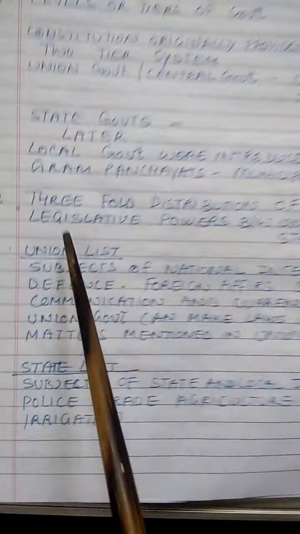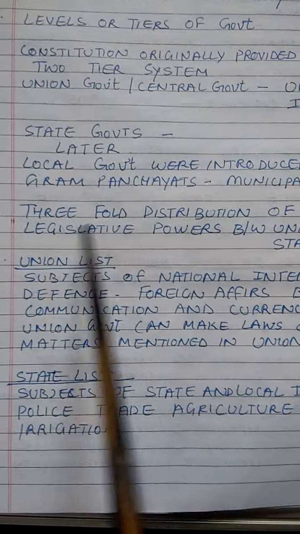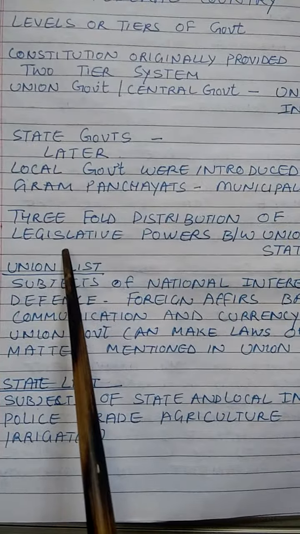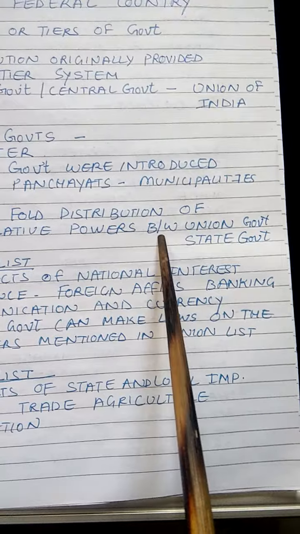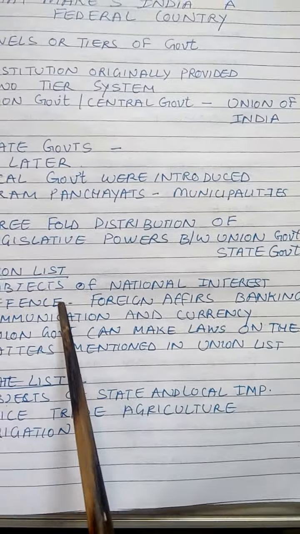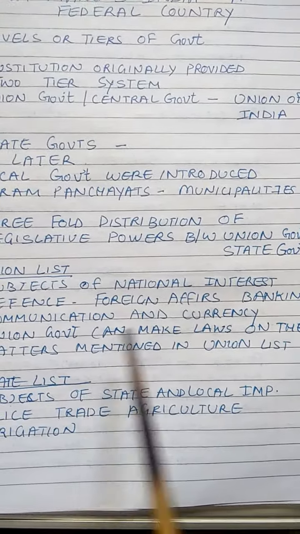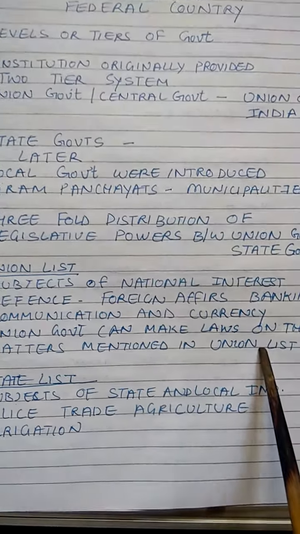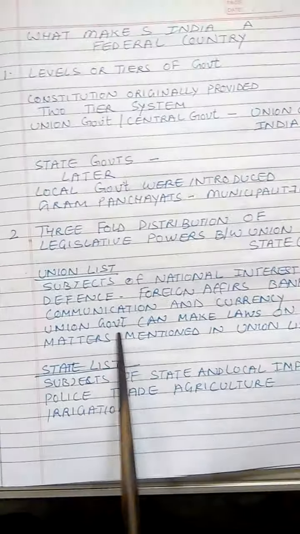Now, there is threefold distribution of legislative powers between union government and state government. In India, we have three lists: union list, state list, concurrent list, and there are residuary powers. Now, what is union list?